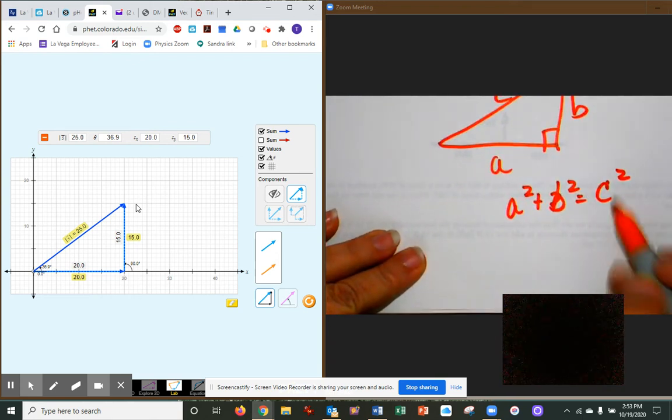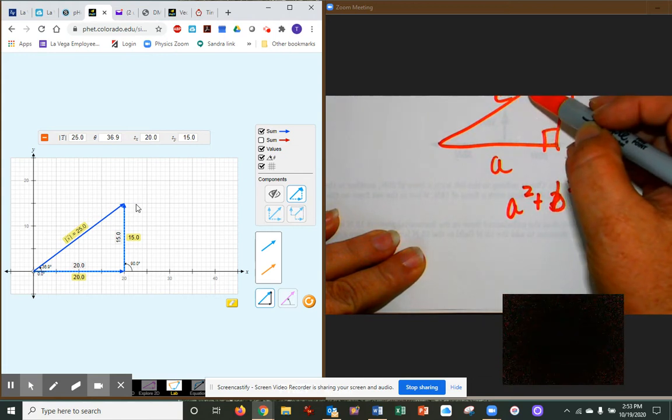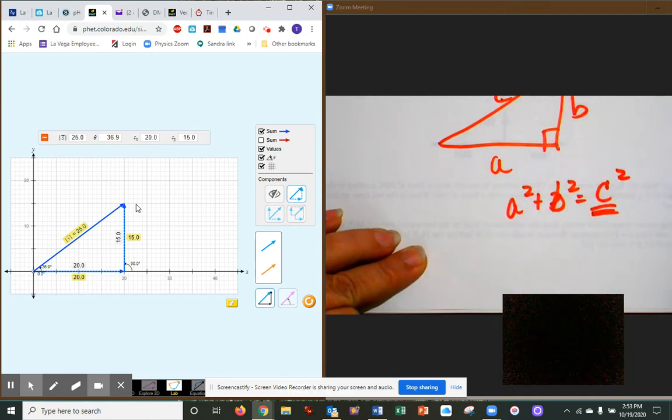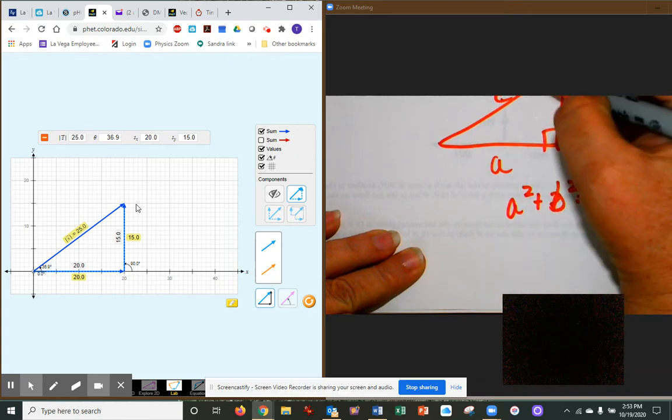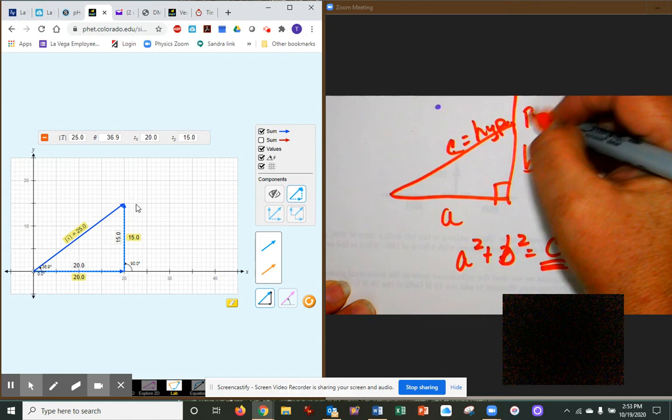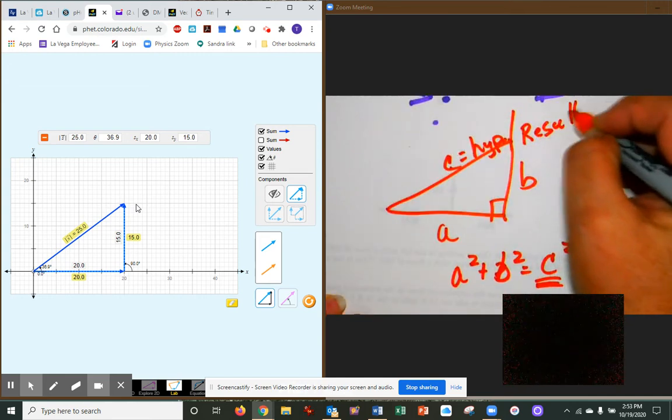In physics, the C is the resultant. So if you hear me say the resultant, in your mind, you can either think C or you can think hypotenuse. In math, we call this the hypotenuse. In physics, we call it resultant.